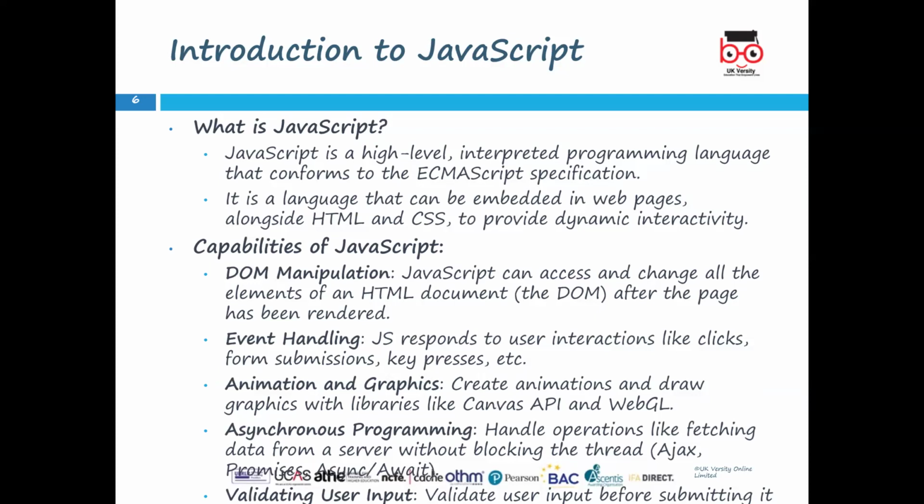We can create 3D animation and so on using various JavaScript libraries. Also, we have asynchronous programming, where we handle operations like fetching data from our server or doing other functionalities.